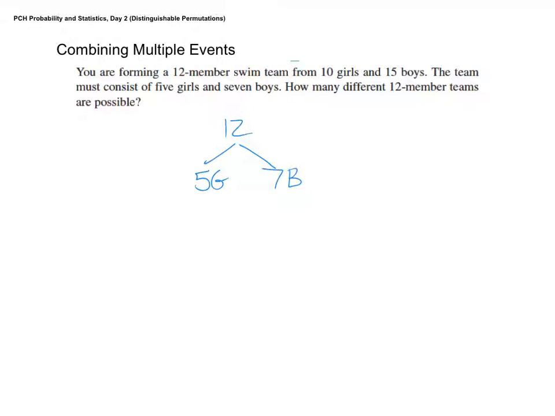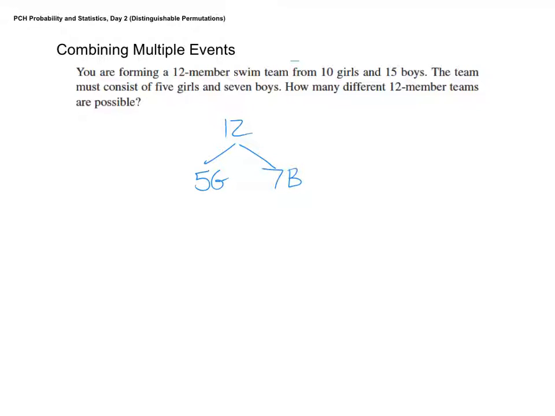Now let me just tell you this before we get into this one. This concept here is one of the ones that people have a lot of trouble with sometimes, okay? And that's when we have this group of people, we have a total, but then we want a certain number out of one subgroup, in this case girls, and then we want a certain number out of another subgroup, which is boys, okay?